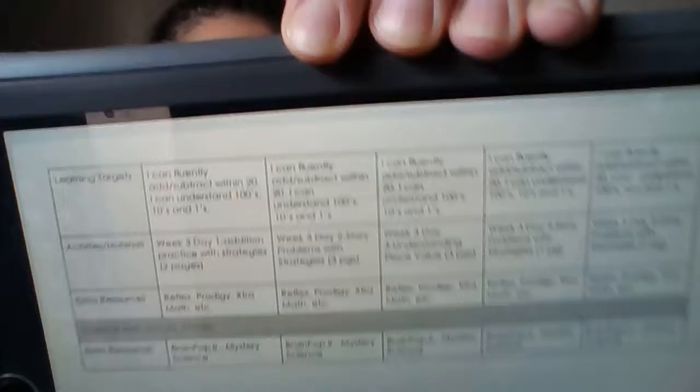For math, we have the same targets: you can fluently add and subtract within 20, and you can understand hundreds, tens, and ones. Today you only have one page in your math worksheets. Let's get to the worksheets.